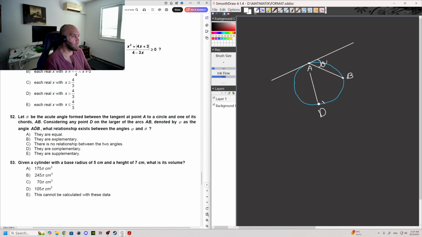So this is phi. No, like this. Angle ADB. What relationship exists between theta and phi? It turns out that they are equal, just by definition. So if you know the postulates of Euclidean geometry from high school, you will know this.